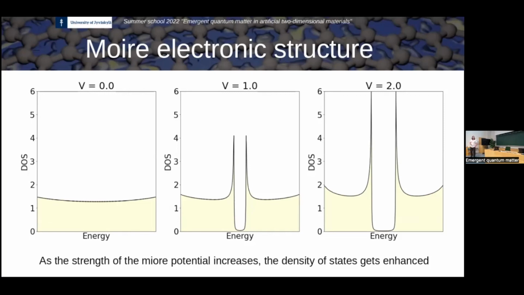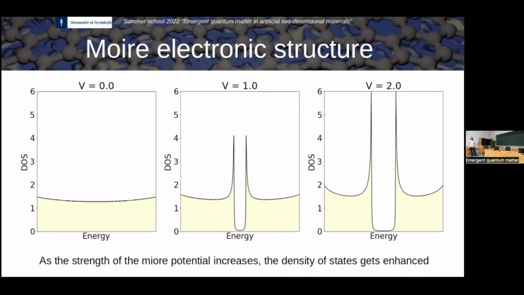But as you start switching on the magnitude of your superlattice, you start creating these band tops and band bottoms that give rise to their own density of states, or in other words, to their own Van Hove singularity. So just by switching on a superlattice potential, you can go from a situation in which your density of states is very low to a situation in which it is suddenly very big, just because you open these many gaps.